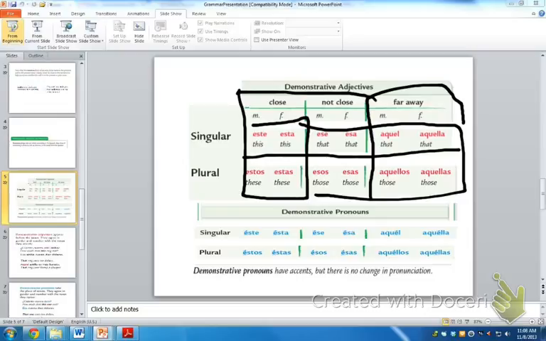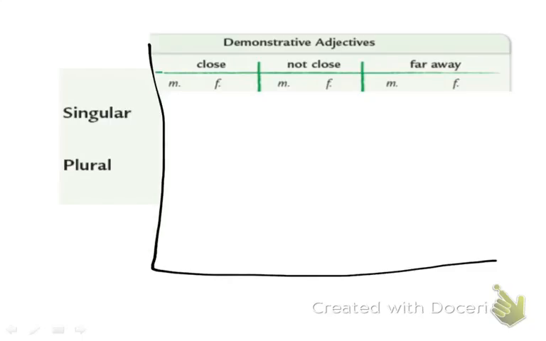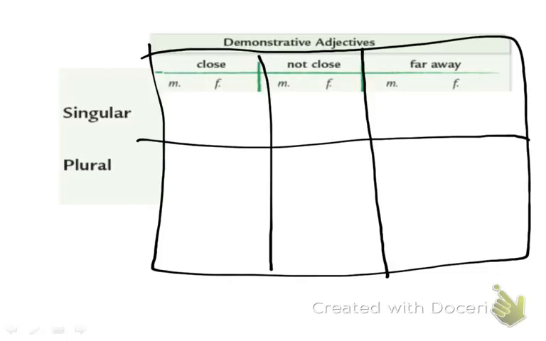Let's see here. Give me a second. Now I'm good to go. Okay, so you're going to need your chart to have a close column, a not close, and a far away. Then you're going to need singular and plural.